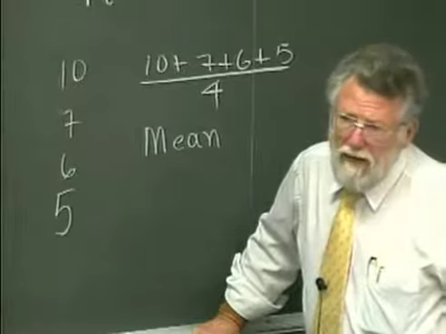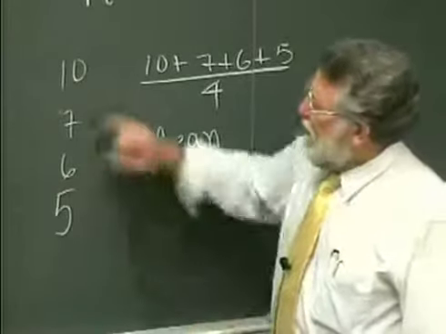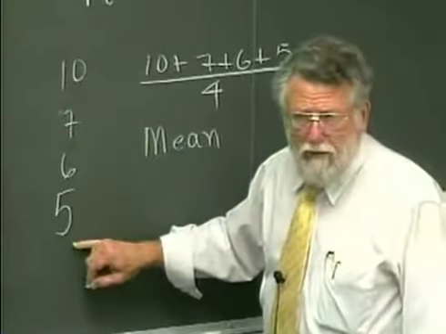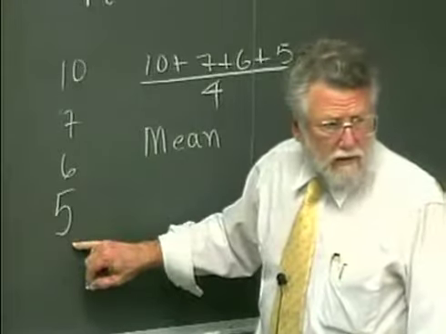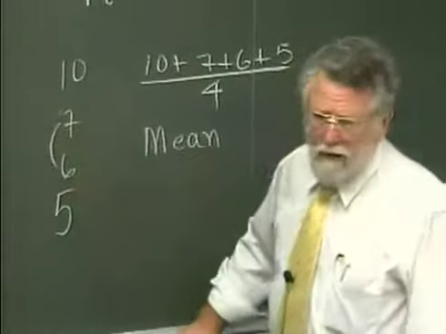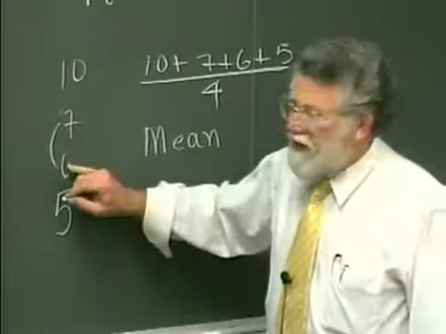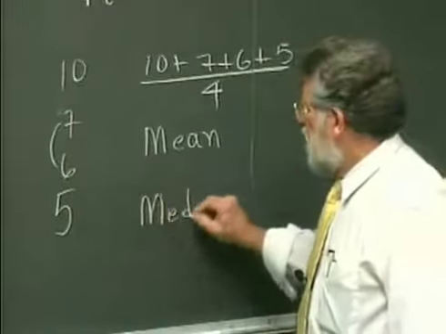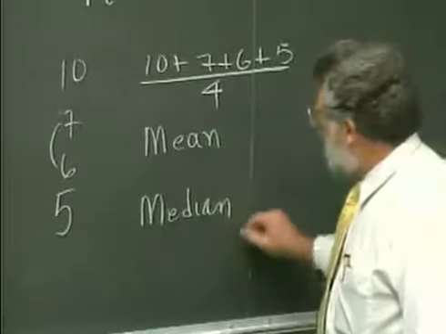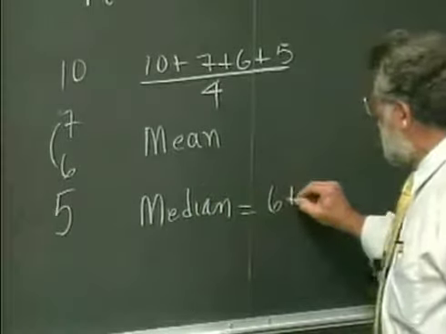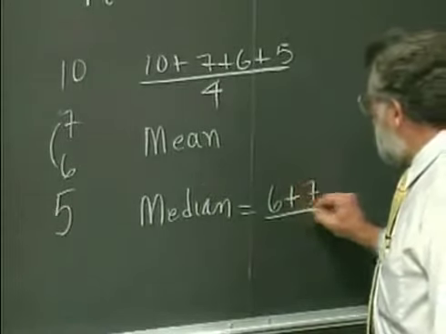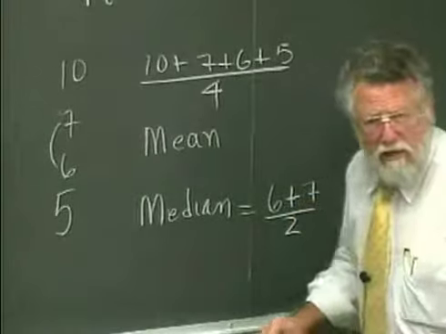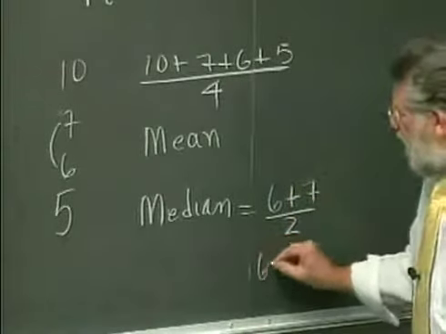Medians are the middle of the data. So I have 4 numbers written in a sort, and these 2 are in the middle. So I average these 2 numbers to get what's called the median. So the median in this case is to take the 6 and the 7, add them together, and divide by 2, which is going to give you 6.5.